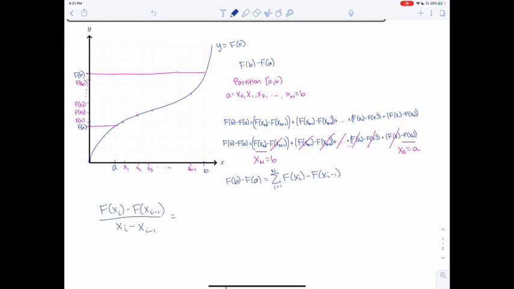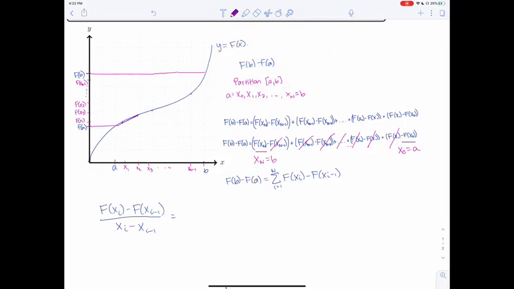This here is giving us the slope of the secant line, right, between the points where x is equal to xi and x is equal to xi minus 1, right? So this is like this secant line, like right here.